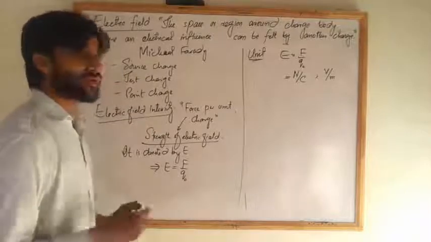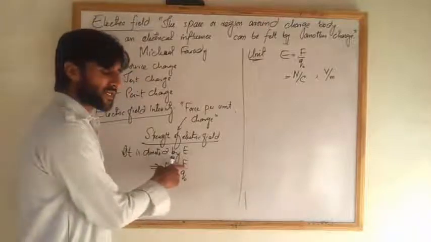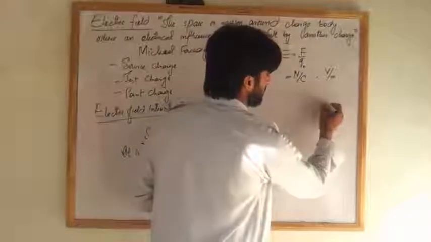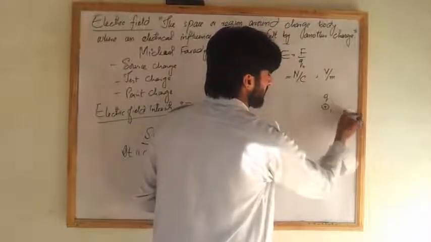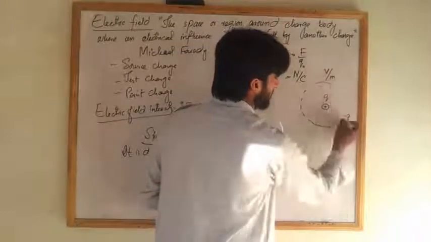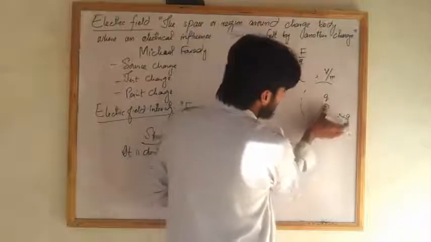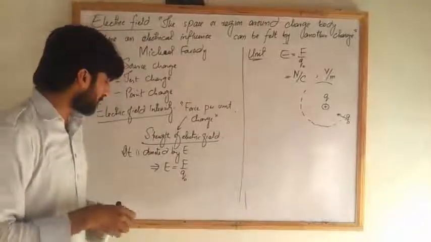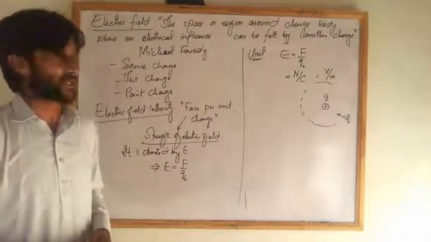Now we know that this is a force, and according to Coulomb's law, if I have a charge over here, a positive charge Q, and another charge, a unit charge Q naught, enters the field of this charge, definitely these two charges will experience electric force. We called it the Coulombic force, and we studied it earlier.